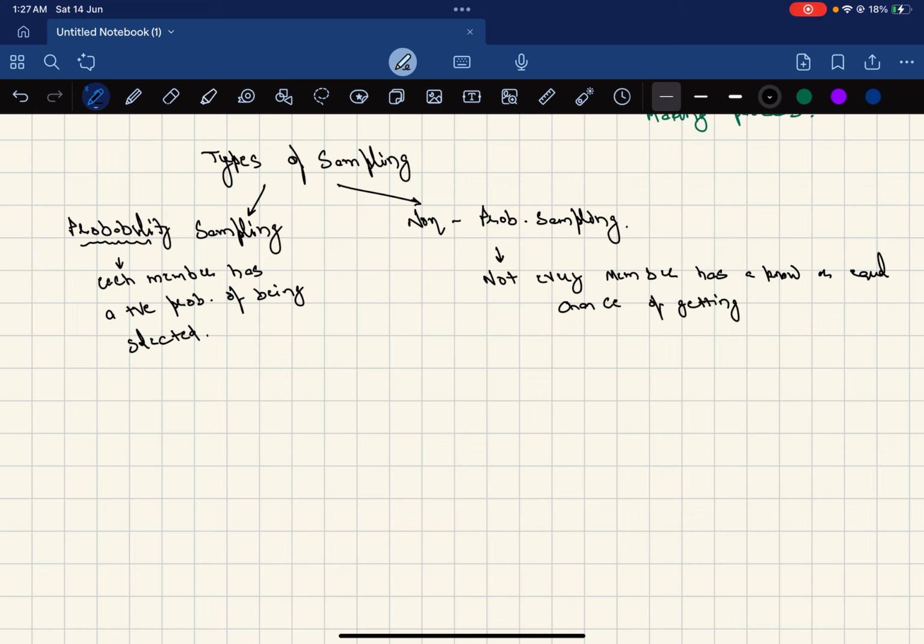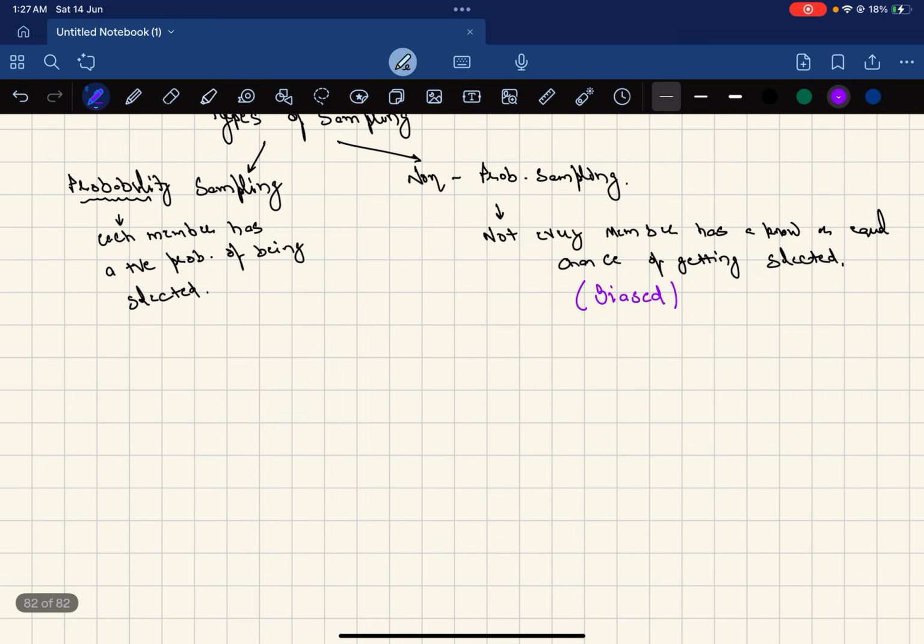And as one can expect, since all the members don't have an equal chance of being selected, there is more biased behavior in non-probability sampling. So we'll see there is some bias even in probability sampling, but in general the non-probability sampling methods are more biased in terms of their selection, because they are defined that way, that not all the members in the population have an equal chance of getting selected, which is the case in probability sampling.